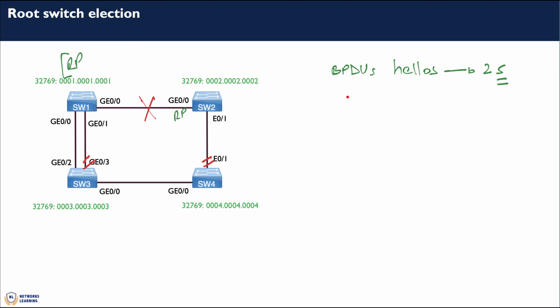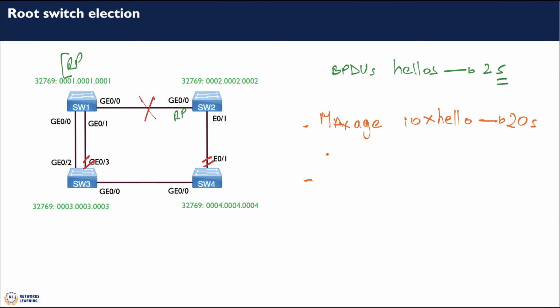So how long does it take for the whole topology to reconverge? For any switch to take action and acknowledge that there is a problem, you have to wait the max age. The max age is 10 times the hello interval, so there's a 20 second wait, which is quite long by today's standards.